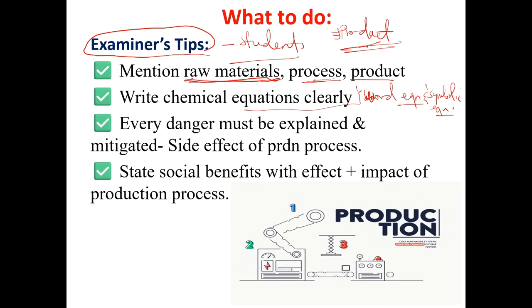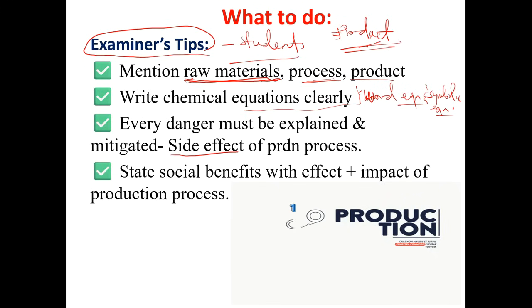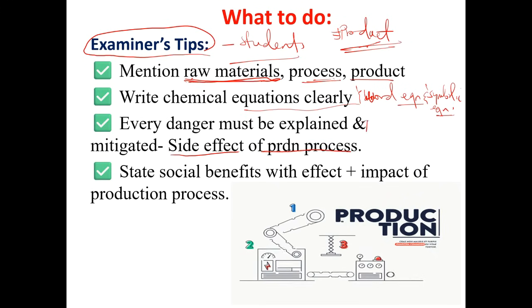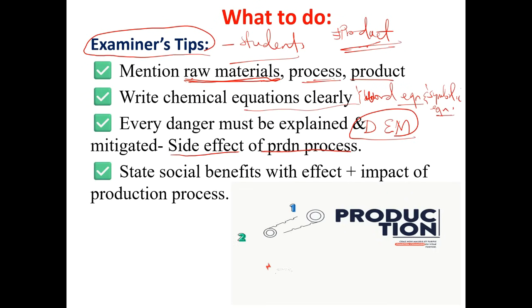Then every danger must be explained. And we are looking at the side effects of the production process. Now, when you identify a danger, explain it and don't forget to mitigate, of the production process.